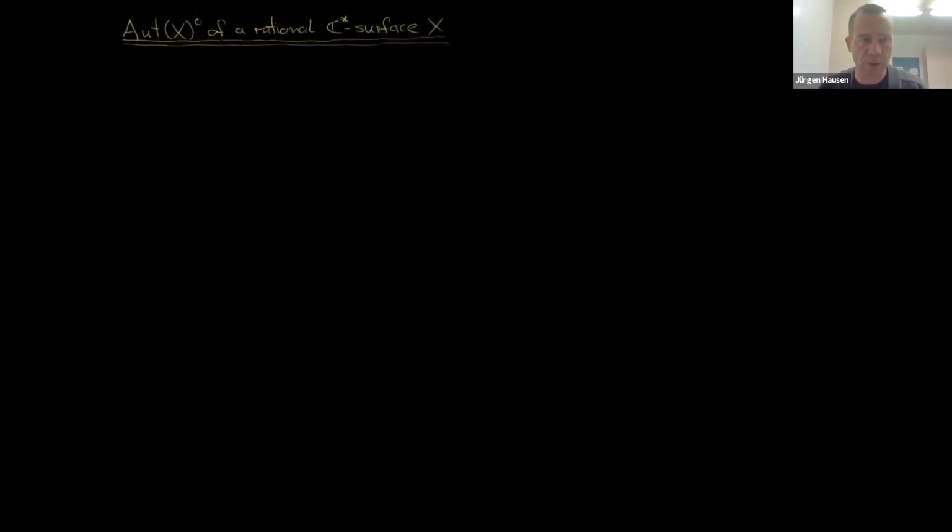Those have been the results from the 70s, and they are enough to formulate the statement on the automorphism group which I would like to present. More specifically, we give a statement about the unit component of the automorphism group of a rational C-star surface X. If you have a rational surface, then the automorphism group is a linear algebraic group.